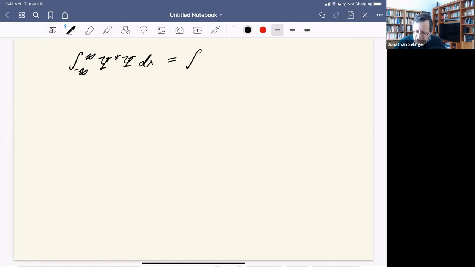That's the integral of just this magnitude of A squared dx. We're going to integrate that from x goes from minus infinity to infinity. Well, that's no good because that integral for sure goes to infinity, right?